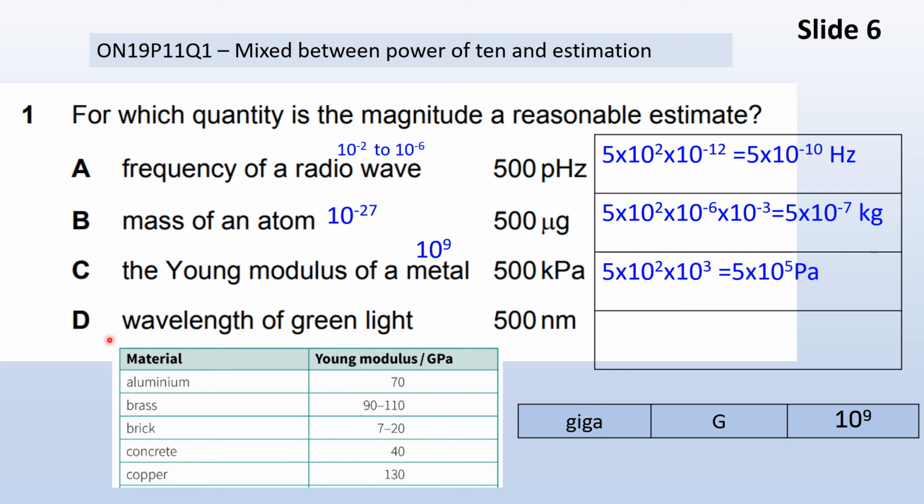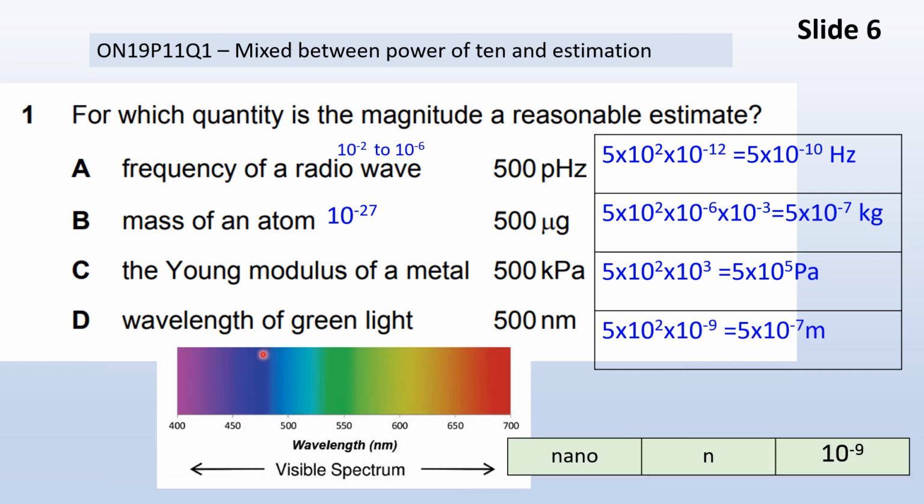So now let's take a look at option D. Option D is the wavelength of green light. So here is the light spectrum from violet to red. The green is right in the middle. So green is 500 nanometers. Nano is minus 9. If you go through the same process, 5 times 10 squared times 10 to the minus 9 is 5 times 10 to the minus 7.